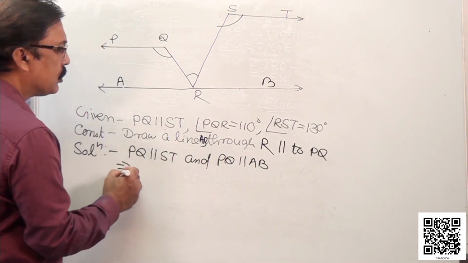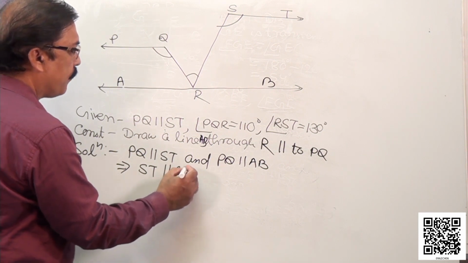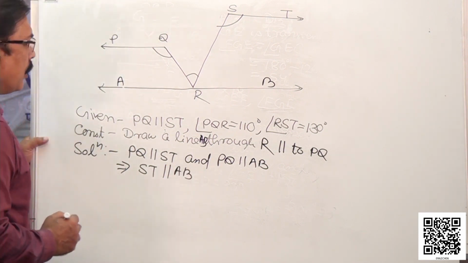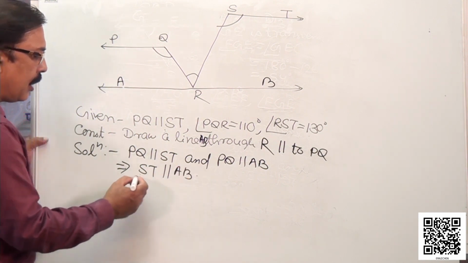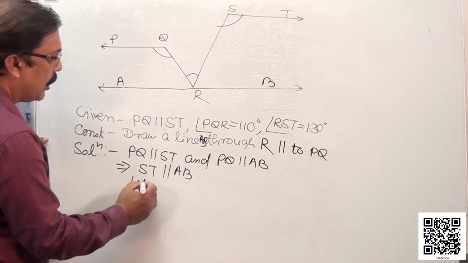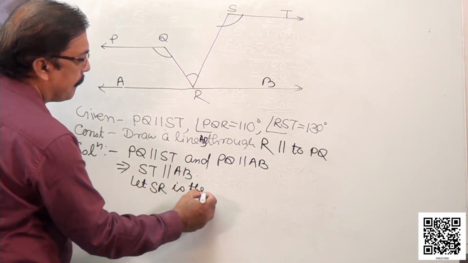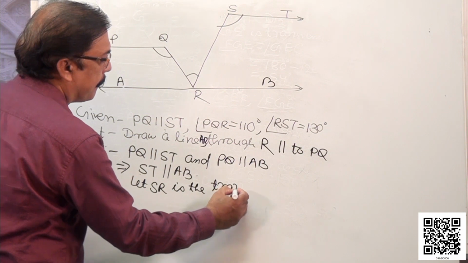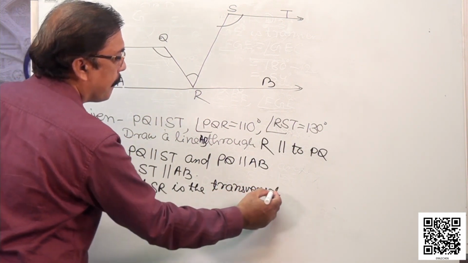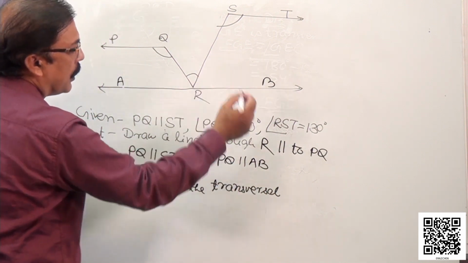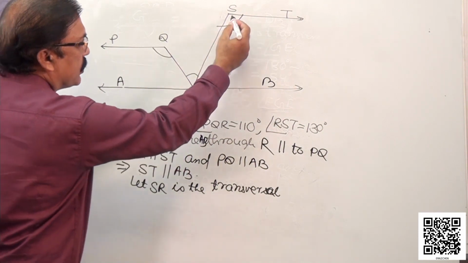So this shows that ST is also parallel to AB. Now if ST is parallel to AB, let SR be the transversal.